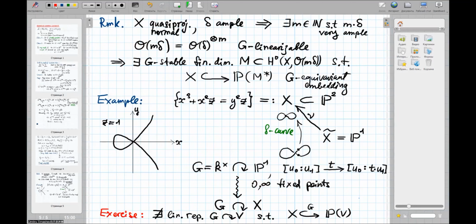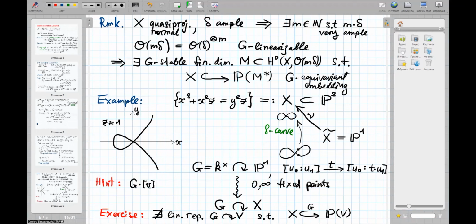Maybe let me write it here. I have some space here. Try to prove that for any linear representation of the multiplicative group G, which is K star, in any vector space, the closure of any orbit in the projectivization of this vector space.